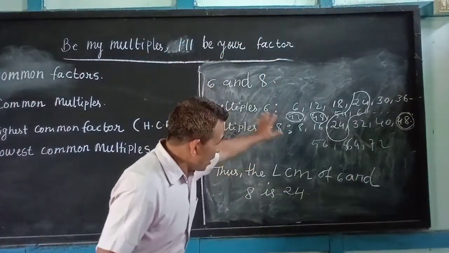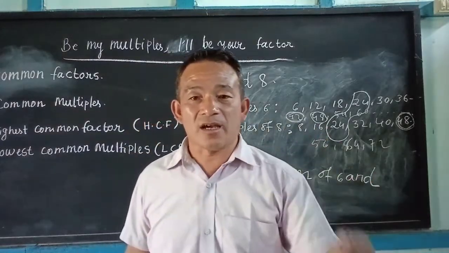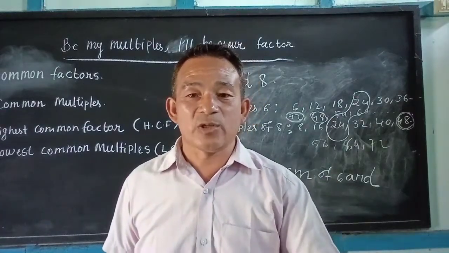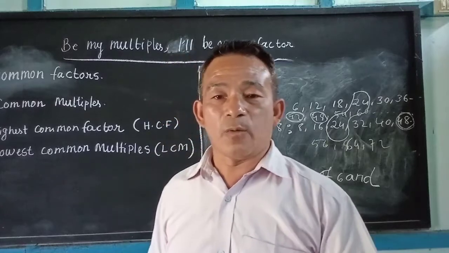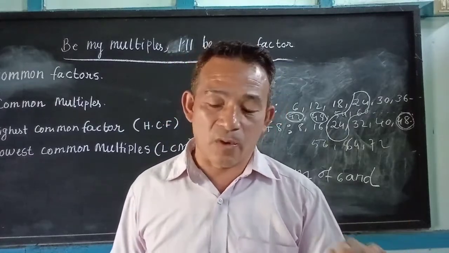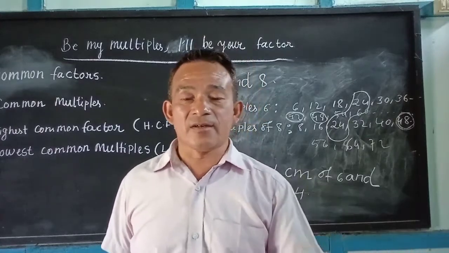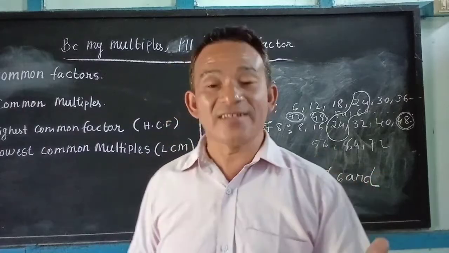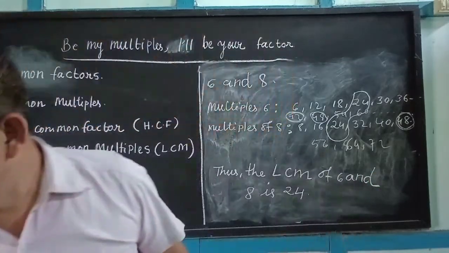The method that I used here to find the common multiples or the LCM is not the standard method. This is only to make you understand what common multiples or lowest common multiples are. There is a standard method to find out the LCM. That's what I'm going to tell you now.